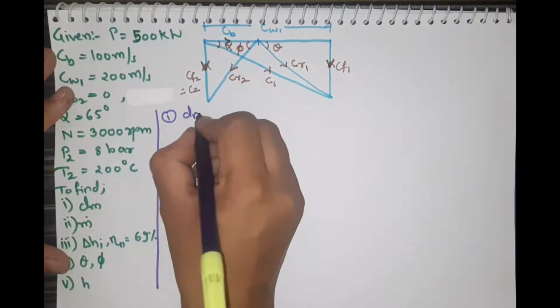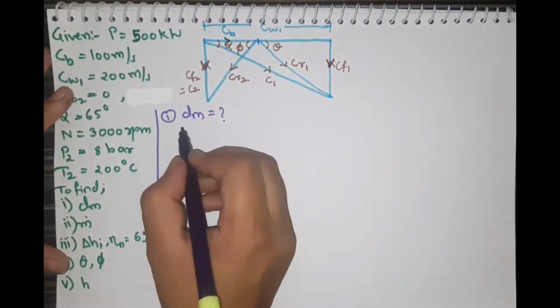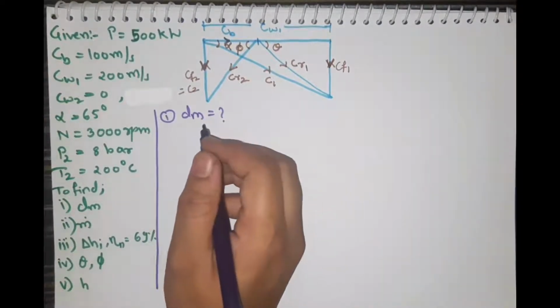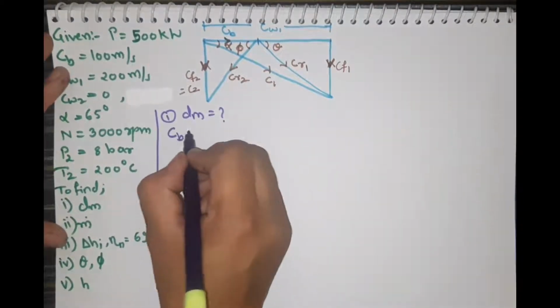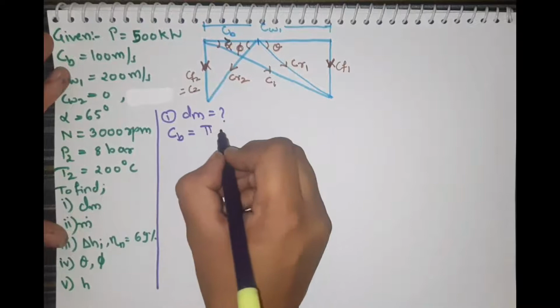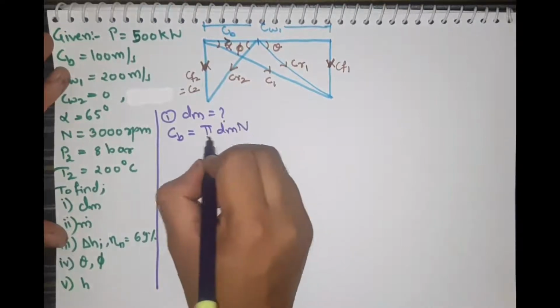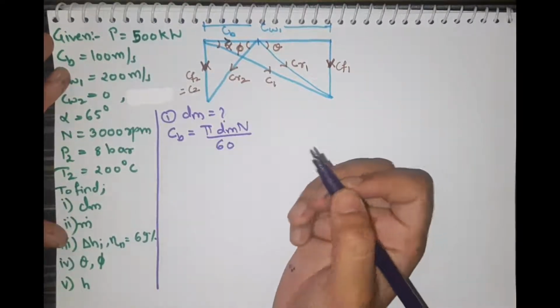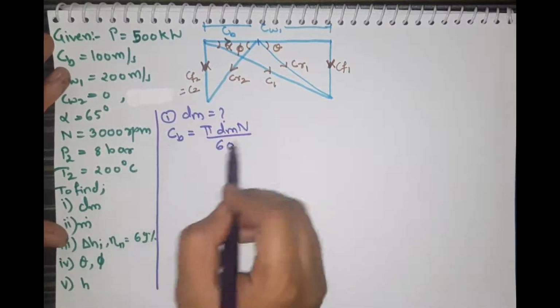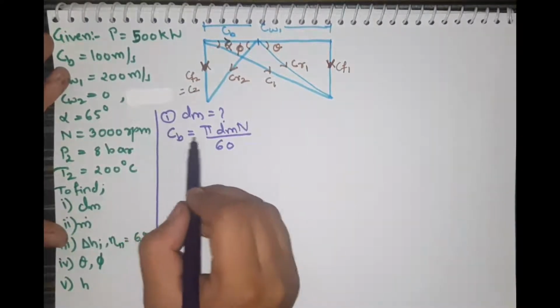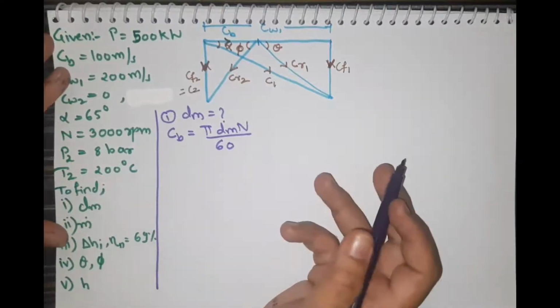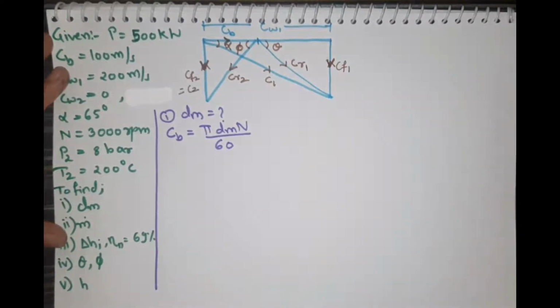That is dm. So mean diameter of the stage, that means you can find it from the CB. So what is CB? CB is equal to pi dm n upon 60. Don't get confused from where this formula has come. This is u, so u is equal to pi dn upon 60. So same formula is used over here.